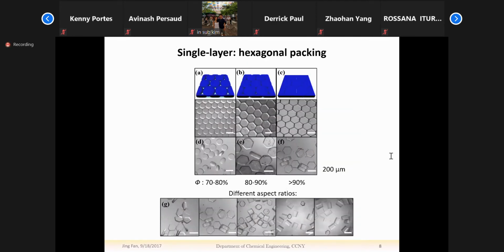So we start from the simplest structure, single layer droplet packing. We just collect the monodispersed droplets within a parallel plate channel. When the continuous phase is still there, each of these droplets remains a circular shape, and when we polymerize them, we get circular discs.